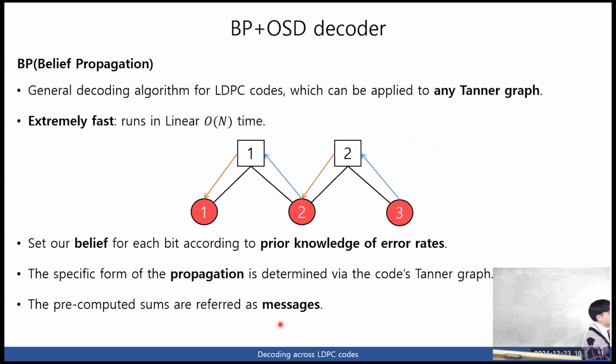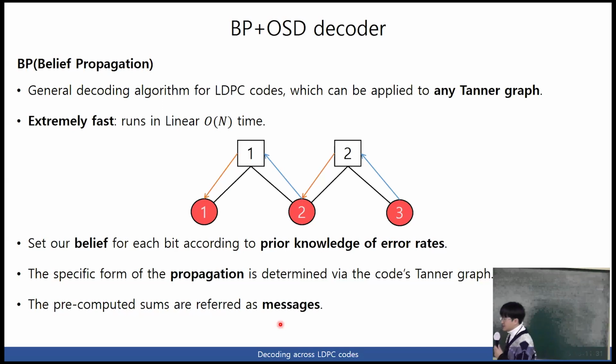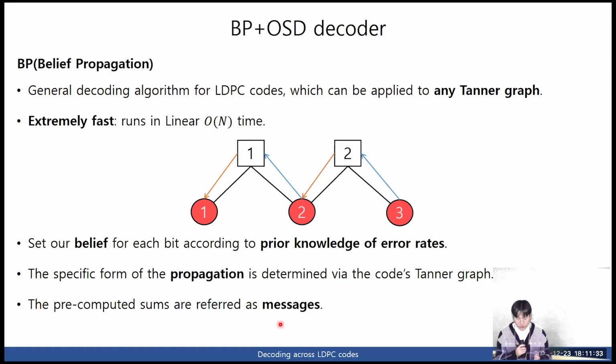I'll show briefly how it's done. First, we set the belief for each bit according to the prior knowledge that we have about the error rates. Second, we perform a propagation via the code's Tanner graph. The propagation is referred to as messages.